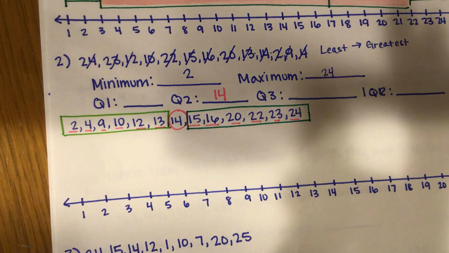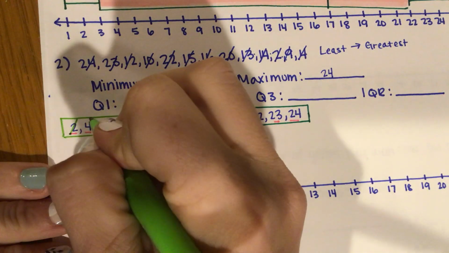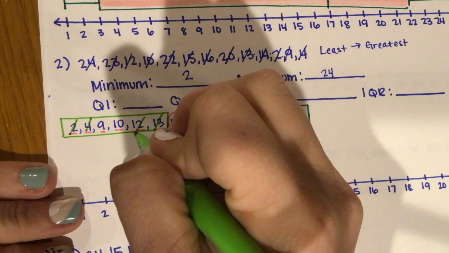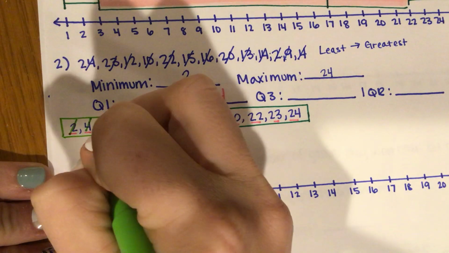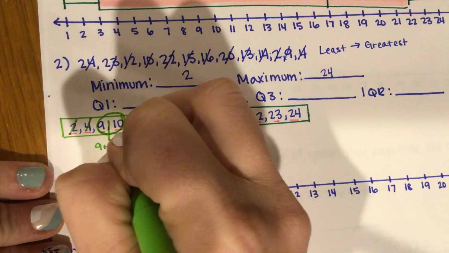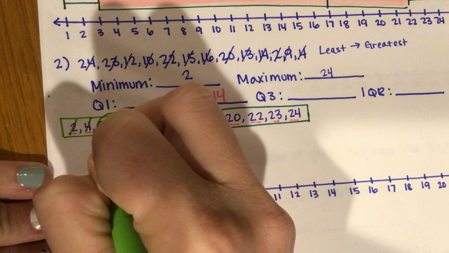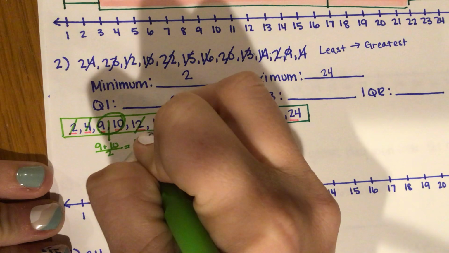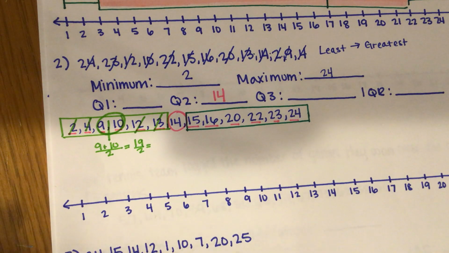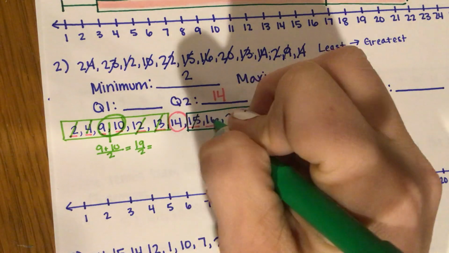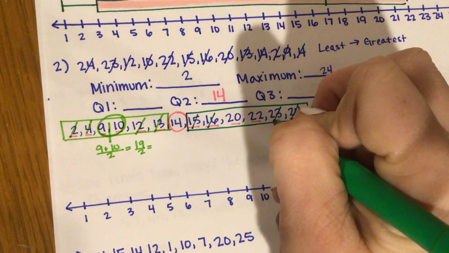So, for instance, I have 2, 4, 13, 12. I have 2 middle numbers, which means that I have to add them together and then divide by 2. Same thing over here. I have 15, 16, 24, 23.